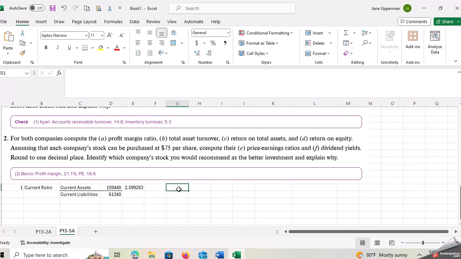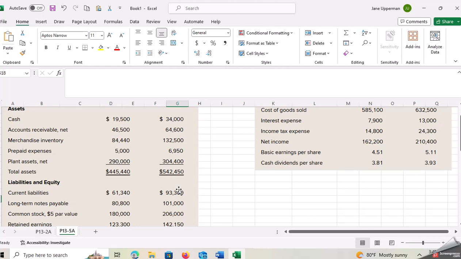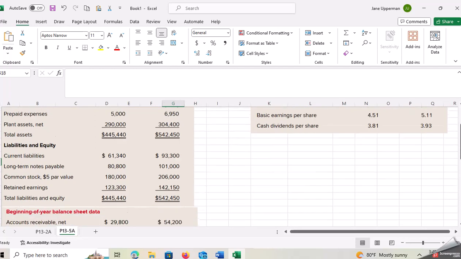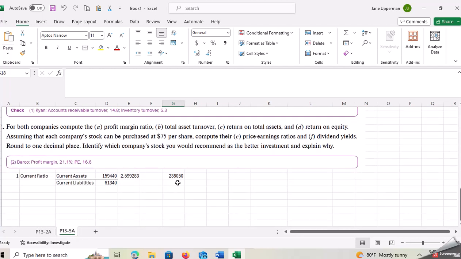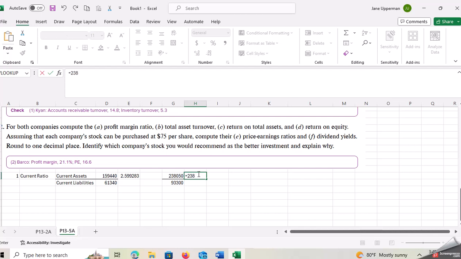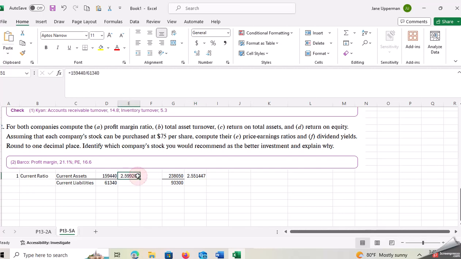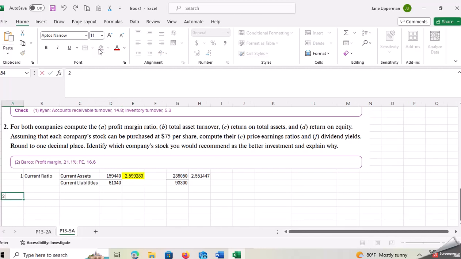We'll put that in here, and then go back up to our current liabilities, which for that company are 93,300. Taking 238,050 divided by 93,300, we get 2.55. So this one is a little bit better because it's bigger. The higher the number, the better, so that one is the best.